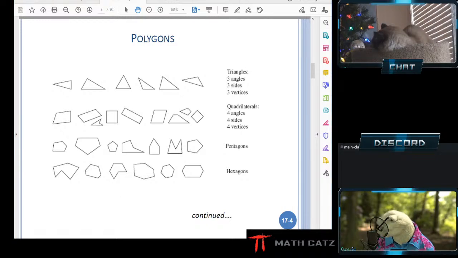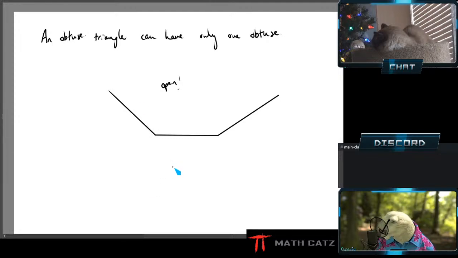Now, I'll note here that to be actually precise when you draw a polygon of any kind, if I want to draw an isosceles triangle, I can't just make it look right, because my drawing is not going to be precise, right? So what we often do is we put little lines through the sides that are equal.